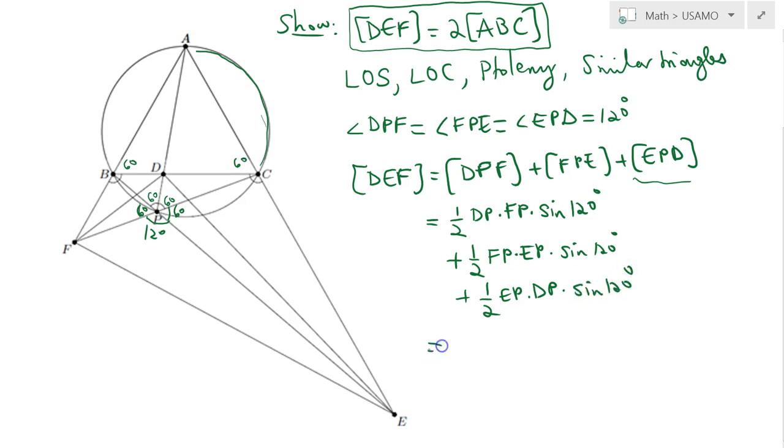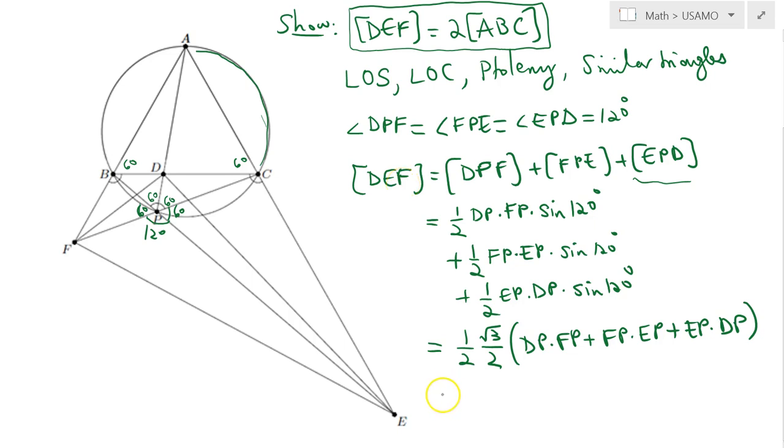So we can organize things here. We can factor out the 1/2, and we can factor out the sine of 120, which is just √3/2. What's remaining is just DP times FP plus FP times EP plus EP times DP. And now we need to show that this area is twice the area of triangle ABC.